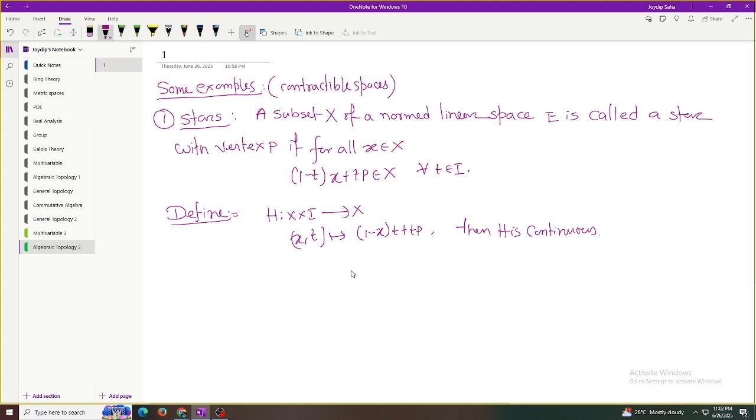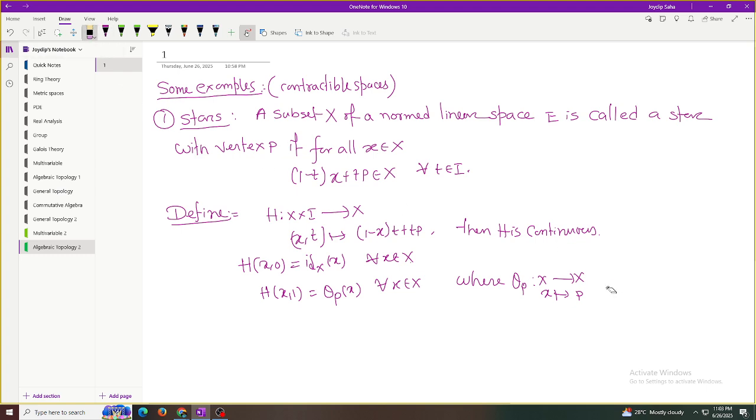Okay, you can check it, h is continuous by sequential criteria. h(x,0) equals x for all x belongs to X, h(x,1) equals theta_p(x) for all x belongs to X, where theta_p: X to X goes to p is the constant map.